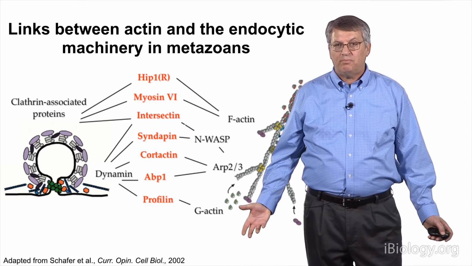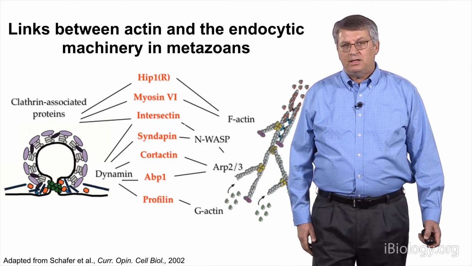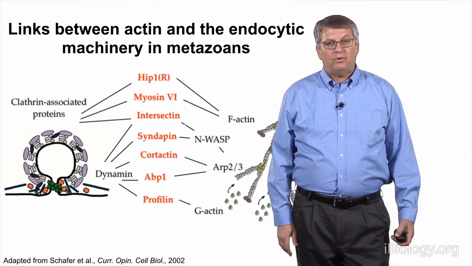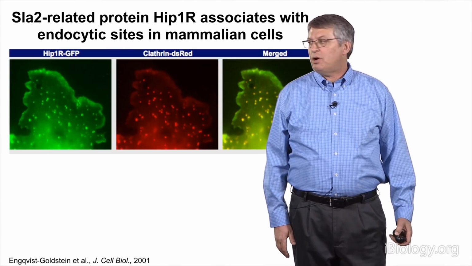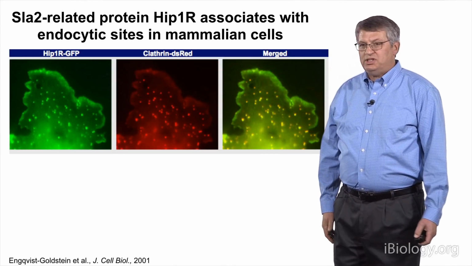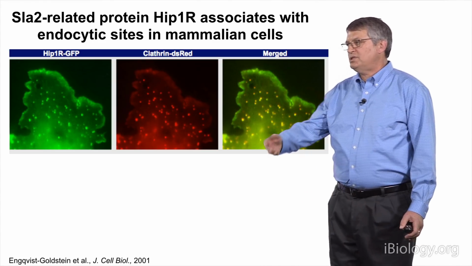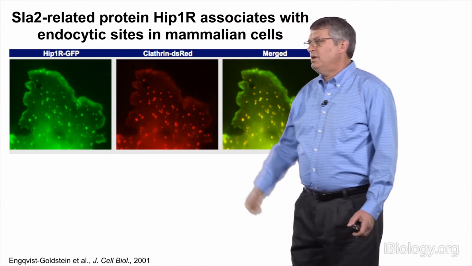No one had looked at its location or function in mammalian cells, and we wanted to see if the protein was doing something similar. And so a graduate student, Åsa Enqvist Goldstein, made a GFP-tagged version of HIP1R. And when she did this, it showed absolutely beautiful, perfect co-localization between the HIP1R in green and Clathrin in red.